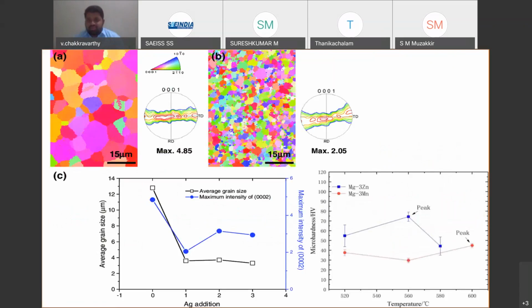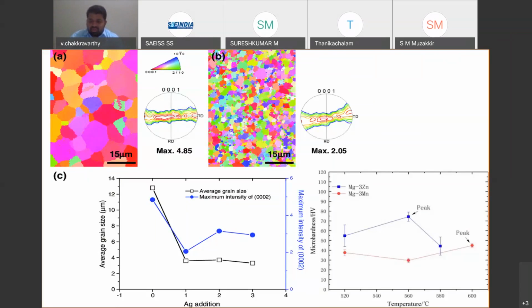Then, how grain size matters a lot in micro hardness. Let us consider two samples, both magnesium only. One has a very fine grain structure, which means it was cooled very rapidly. The other has a coarse grain structure. The fine grain structure, shown in figure B, has the highest micro hardness, shown in the blue color diagram in figure 4.